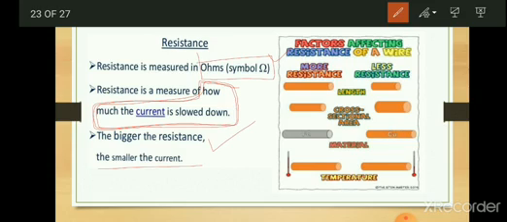Then we'll see what the factors affecting the resistance are. If the length of the wire is larger, then resistance is more. If the length of the wire is less, the resistance is less. For example, if you are riding a bicycle on a rough road over a longer distance, you will get tired easily, so resistance is more.